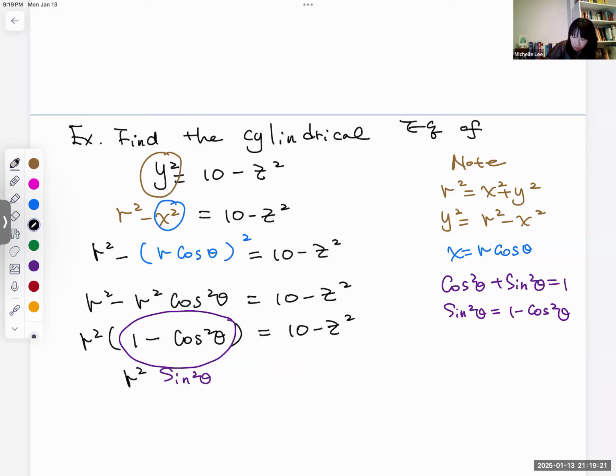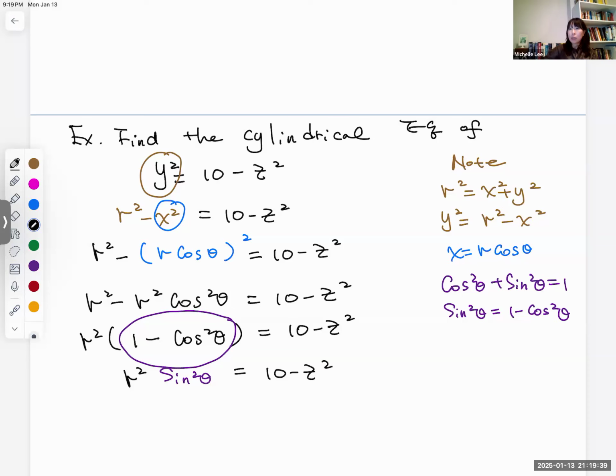So r squared sine squared theta equals 10 minus z squared. Z is okay because in the cylindrical equation, Z is Z, right? So it's okay to have that.